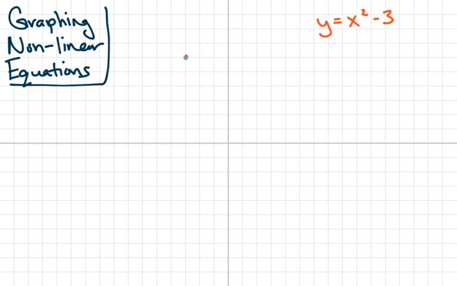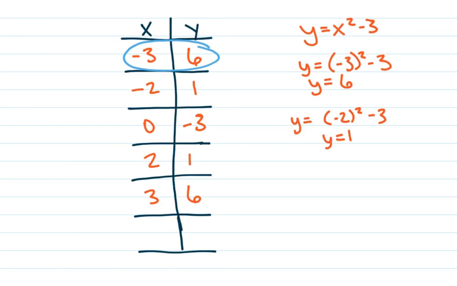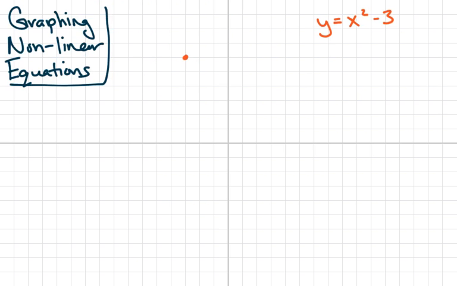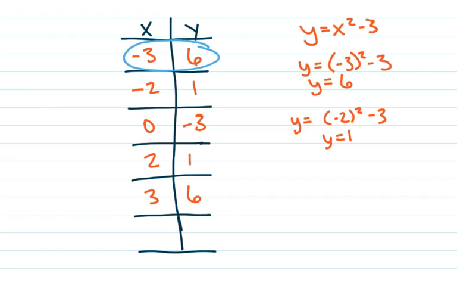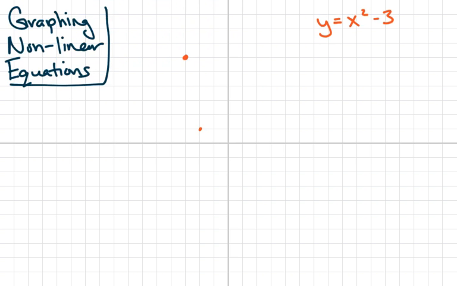And I meant to do that in red, so I'll make it red. There we go. Then coming back over, -2, +1. Okay, and then same thing, 0, -3 is right there. And then 2, +1 would be right here. 3, +6 would be here.